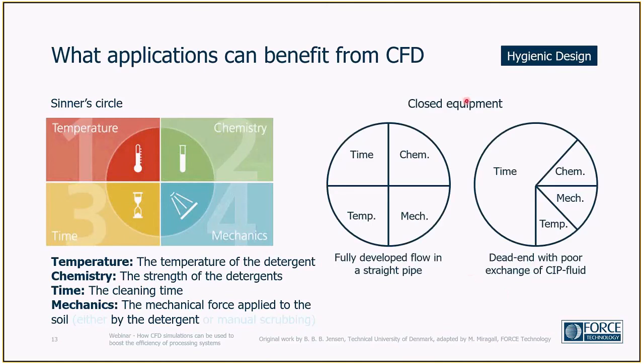And in this sketch here, we're showing a couple of examples of how the Sinner circle looks like for the cleaning in place process of a couple of closed equipments. First, here to the left, we have a straight pipe with a fully developed flow inside, and we can see that all 4 parameters have the same weight.